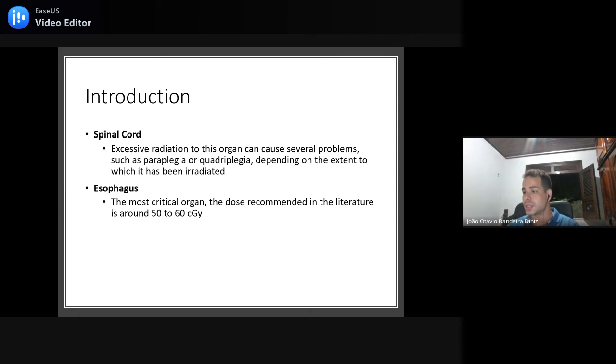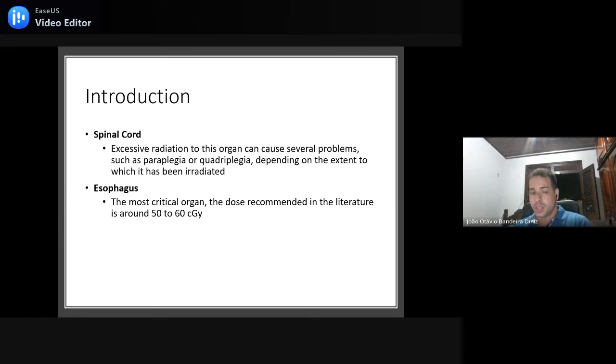So we have to protect it so as not to bring the patient some disease that is not the focus of radiotherapy. There's no sense in the patient going to radiotherapy and getting another disease.